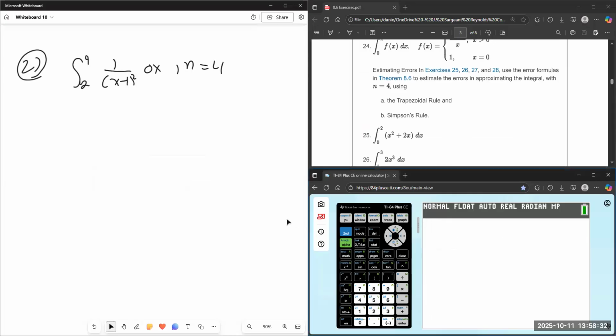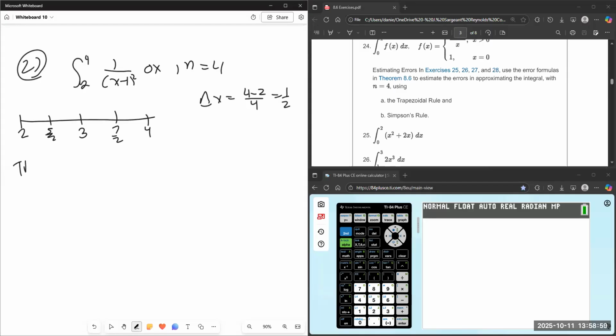So let's clear that. We have delta x is equal to 4 minus 2 over 4, is 2 over 4, is 1/2. So my values are going to be 2, 5/2, 3, 7/2, and 4.